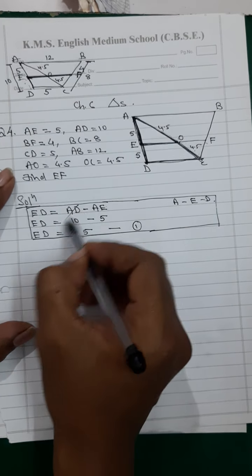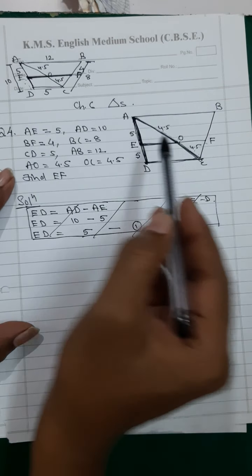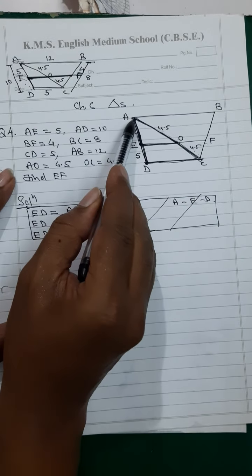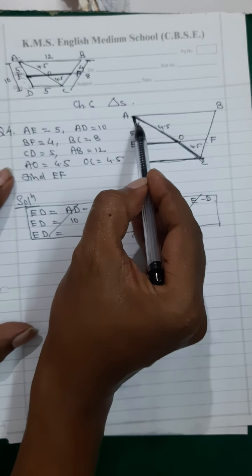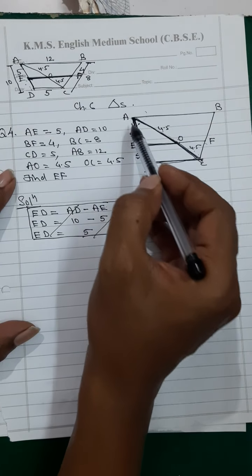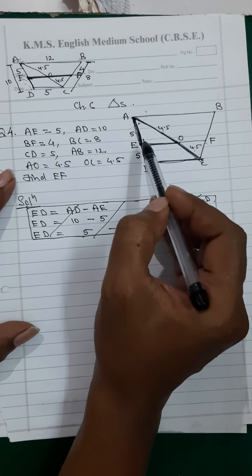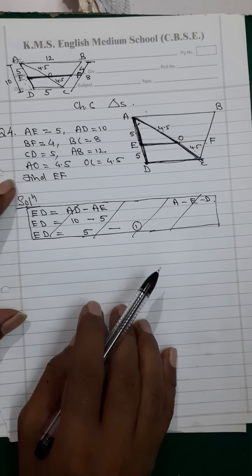Why this is not needed? Because I require AE upon AD. Here I will require AO upon AC. So two sides are in correspondence. This angle is a common angle. So these two triangles AEO and ADC will be similar by SAS criteria. Okay, this is what I have to understand.